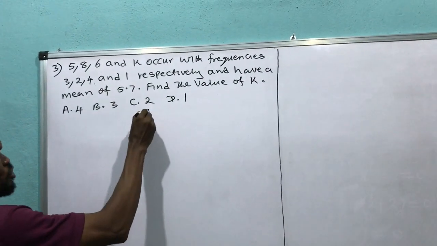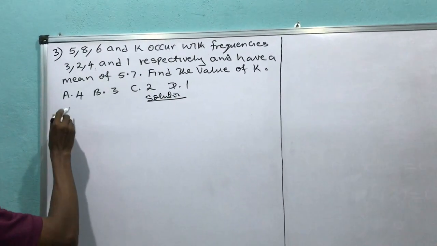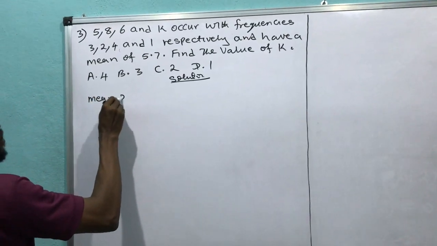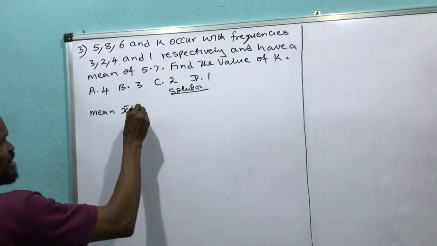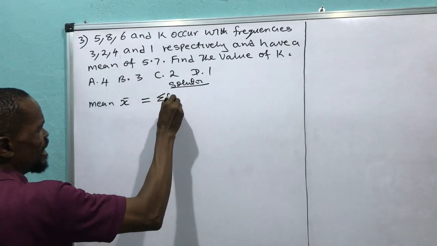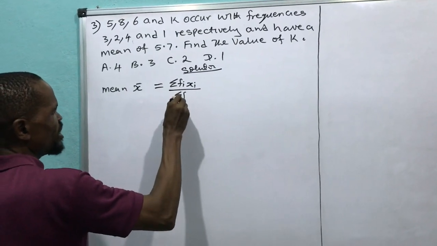Let's see the solution. We remember that the mean, which we represent with x bar, is equal to the summation of Fi times Xi all over the summation of frequency.